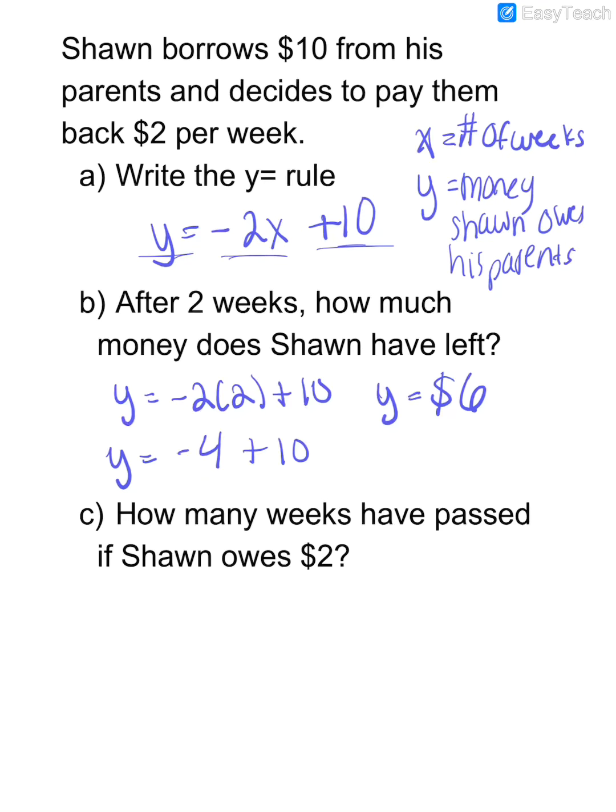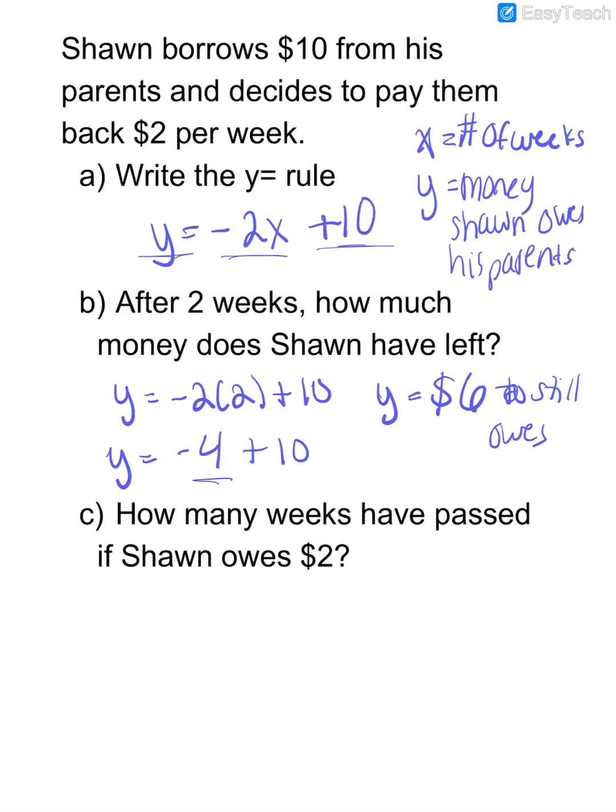So he has $6 left to pay back his parents. So he still owes $6 to his parents. Because after 2 weeks, he's paid them back $4, which is this right here. And so he still has to pay them back $6.